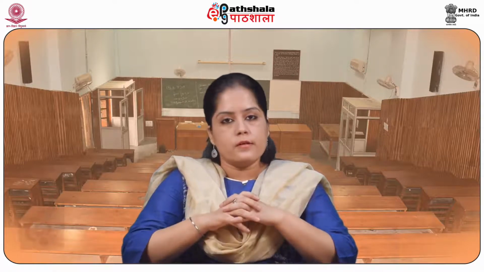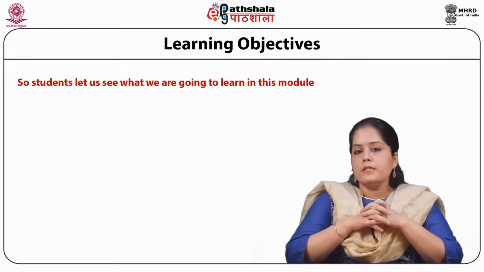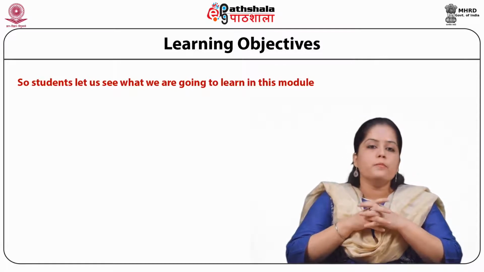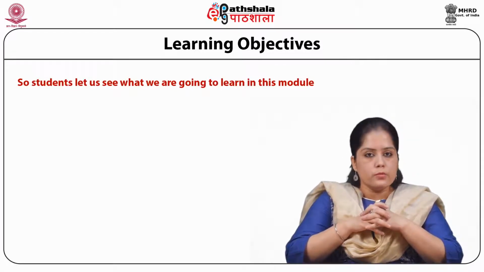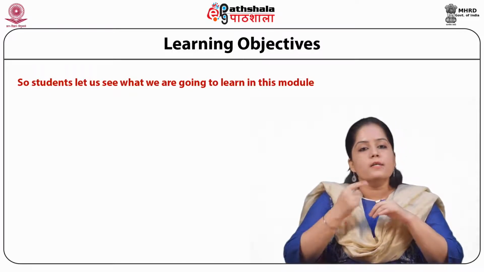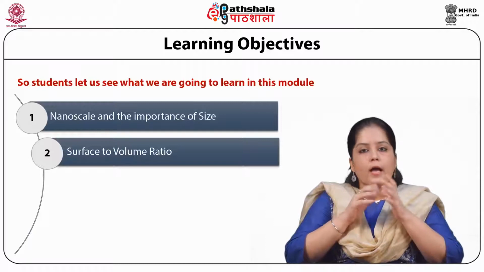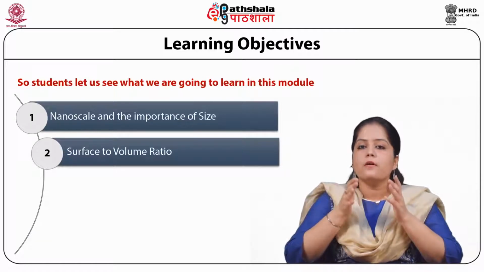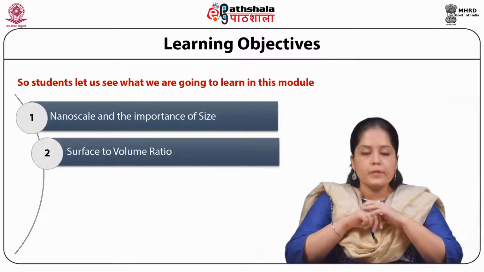So students, today we are going to talk on the module What is Nanoscale from the paper Physics at Nanoscale. After completing this module, you will be able to know the following things. First, nanoscale and the importance of their size.